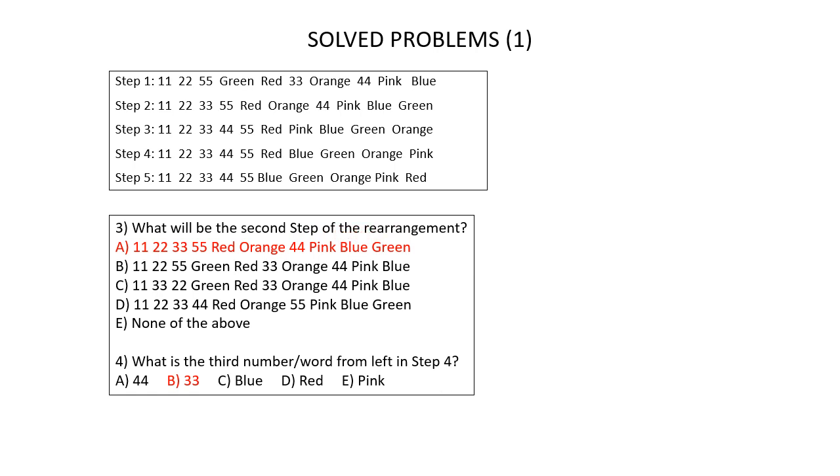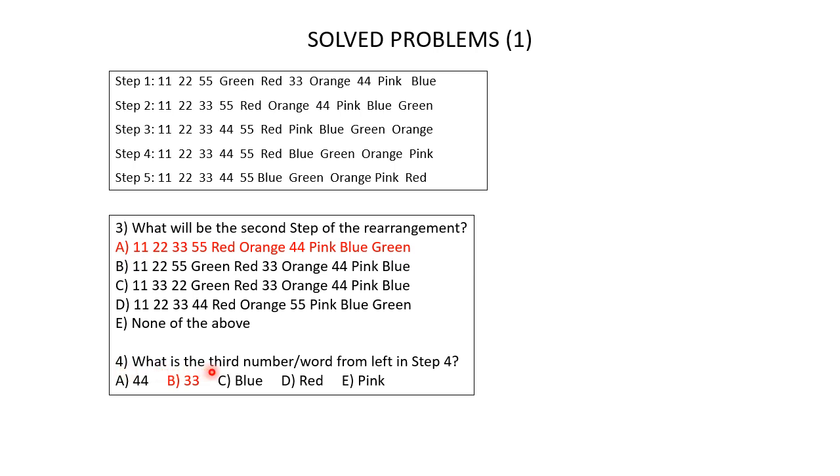Now as you can see, this is the second step. And in the second step, you can see the numbers and words in this order: 11, 22, 33, 55, red, orange, 44, pink, blue, green. Now, this same order of numbers and words is seen in option A. So the correct answer is option A.